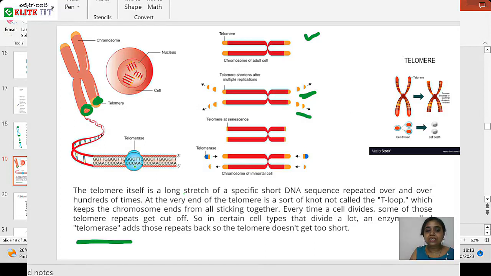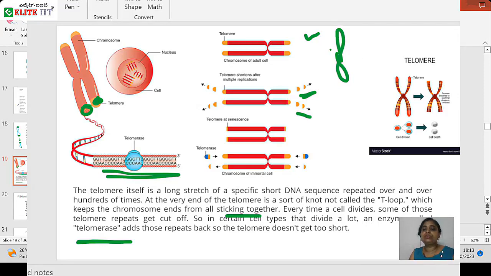Here you see GGGTT repeated in this portion. This is called a repeated sequence. At the very end of the telomere is a short knot called the T loop, which keeps the chromosome ends from all sticking together. If you see, side by side chromosomes can stick together.